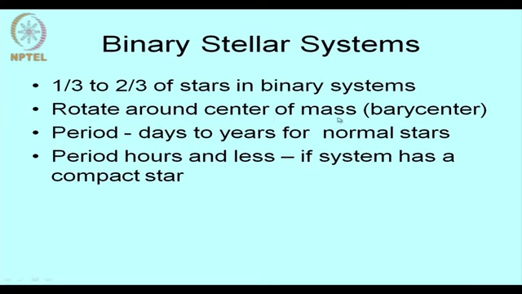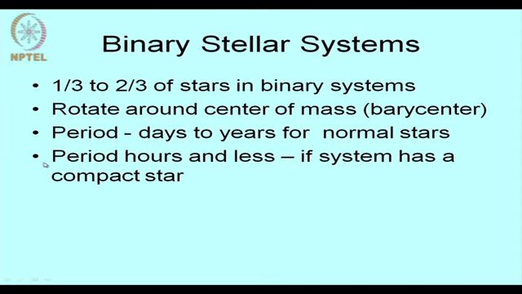And the center of mass is also referred to as the barycenter. The periods could be from days to years for normal stars. So, normal stars are stars that look like our Sun, maybe somewhat larger, somewhat smaller. They all burn hydrogen. This is something that we shall discuss in much more detail later.